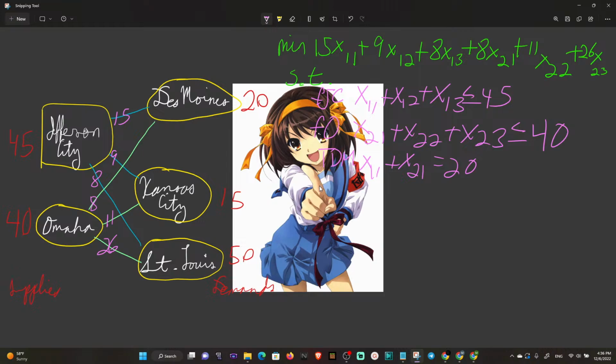The next one is to Kansas City. x12 plus x22 equal to 15. What's next? For St. Louis, x13 plus x23 equal to 50. Correct. And then there's one more.